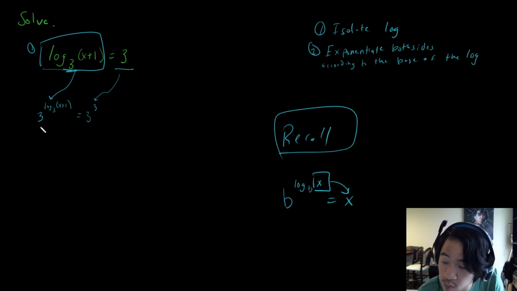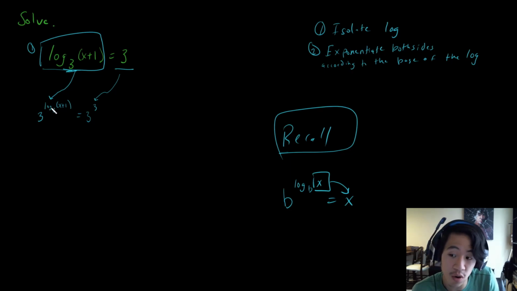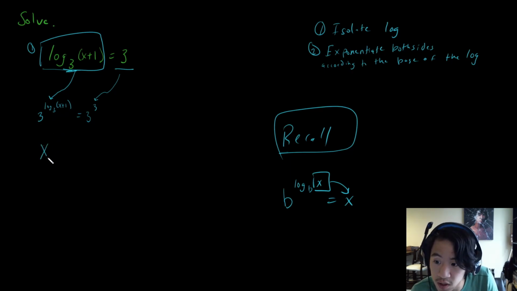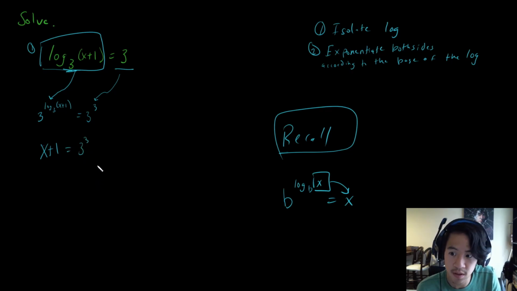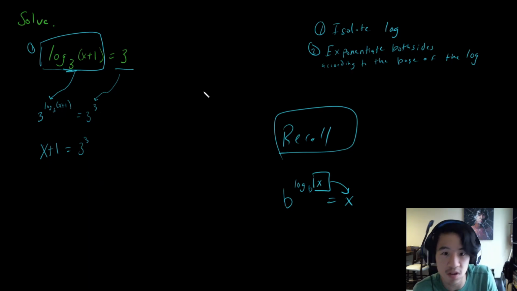And we have the same situation here: 3 raised to the power of log base 3 of x plus 1. So this whole thing is just x plus 1 is equal to 3 cubed. This is why we exponentiate both sides according to the base of the log.